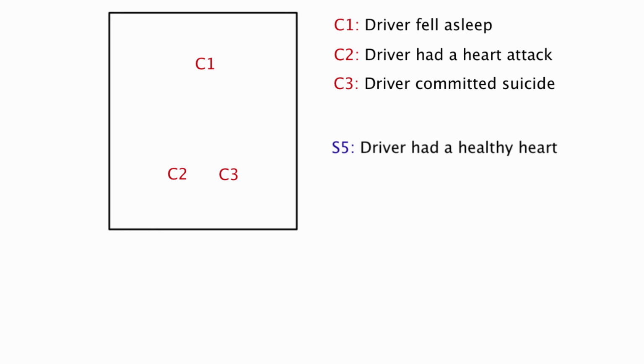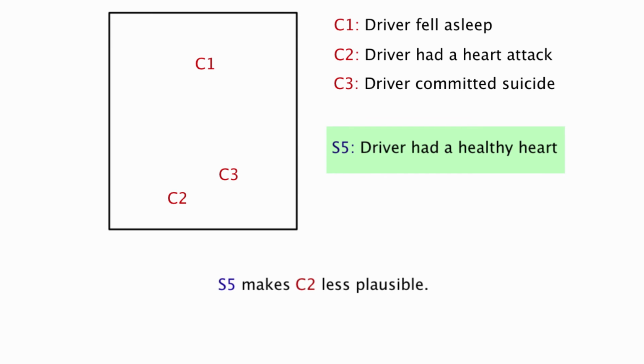Of course. That information, that the driver had a healthy heart, has a negative impact on the heart attack rival. And articulating its relevance would go like this. S5, that the driver had a healthy heart, makes C2, the driver had a heart attack, less plausible.